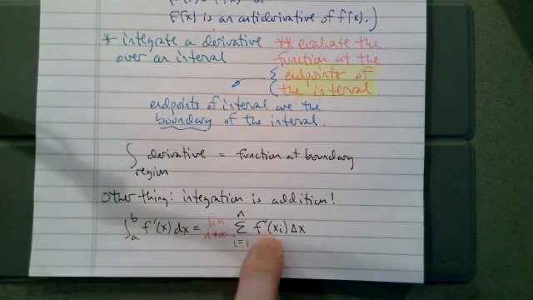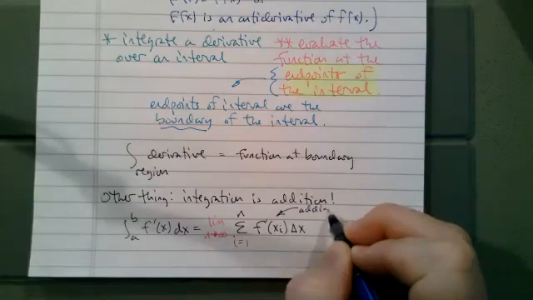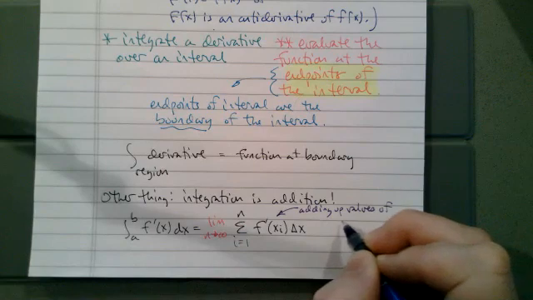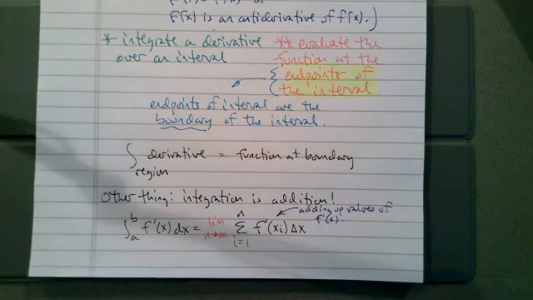We're just adding up a bunch of values of the function f prime of x, evaluating the function at all the points on the interval and adding up those values.